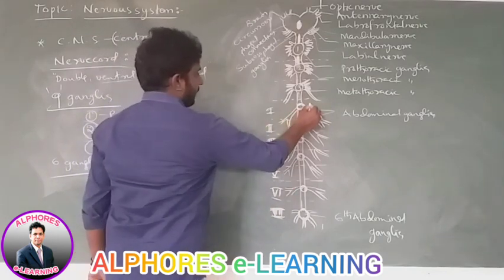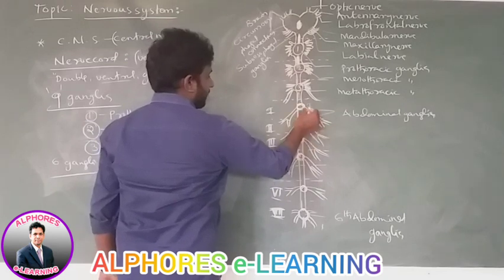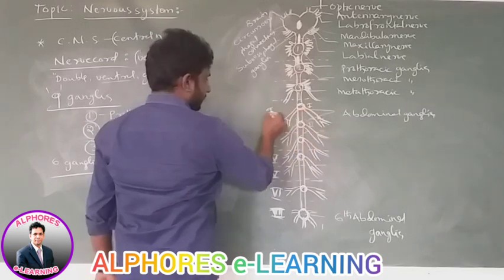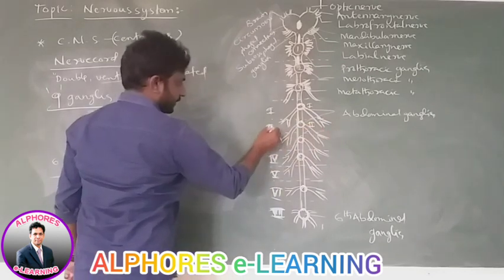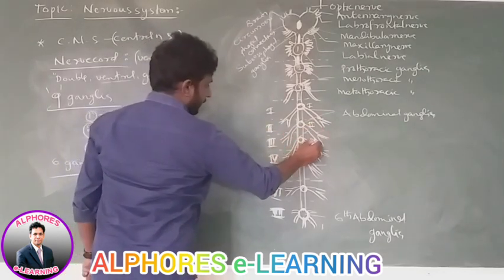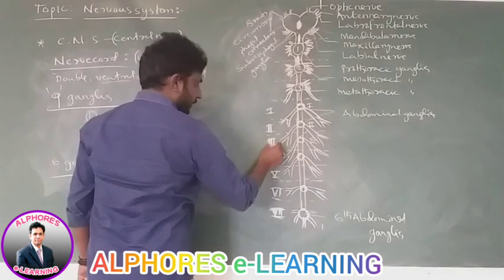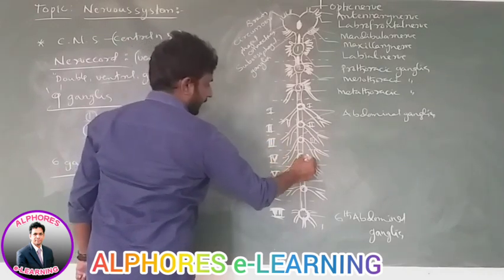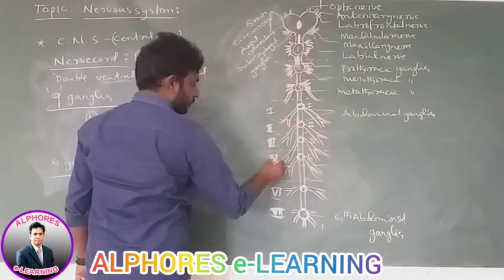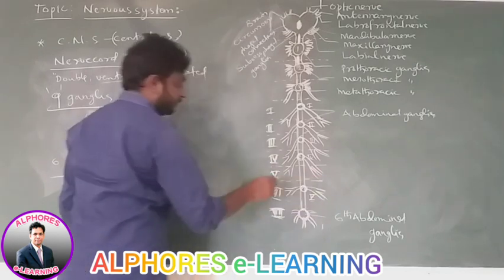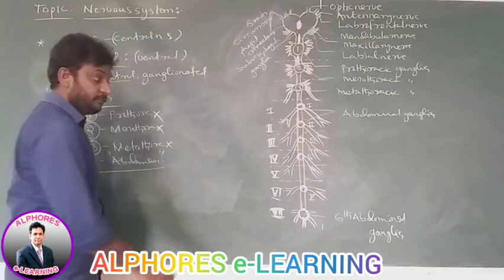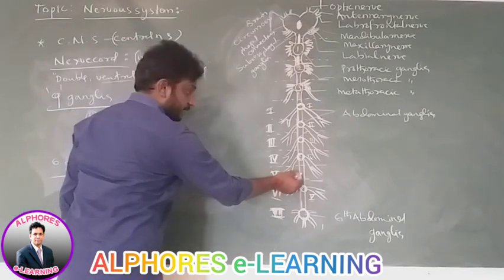Okay, first ganglia, then second ganglia. The first ganglia is present in the first segment. The second ganglia is present in the second segment. The third ganglia is present in the third segment. The fourth ganglia is present in the fourth segment. But the fifth ganglia, where is it present? The fifth ganglia is not present in the fifth segment.